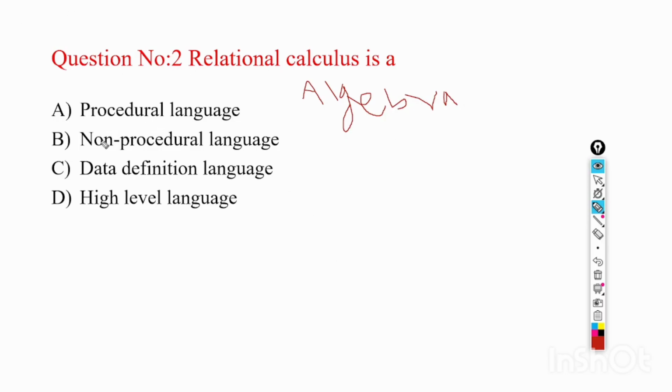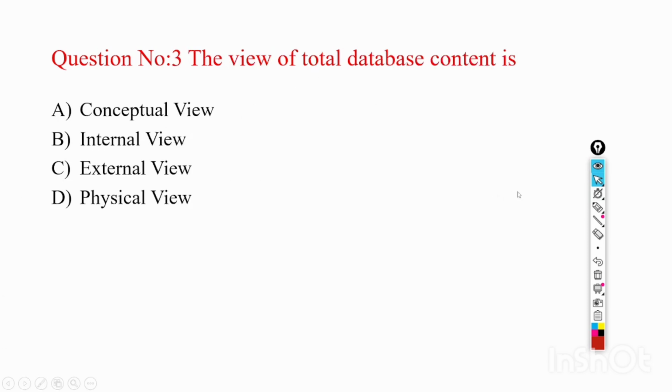So a simple exam trick you need to remember about relational calculus: there are two types, procedural language and non-procedural language.